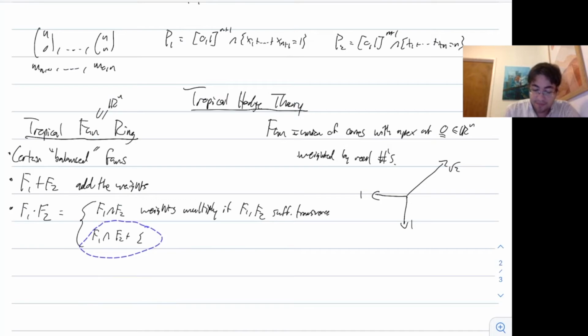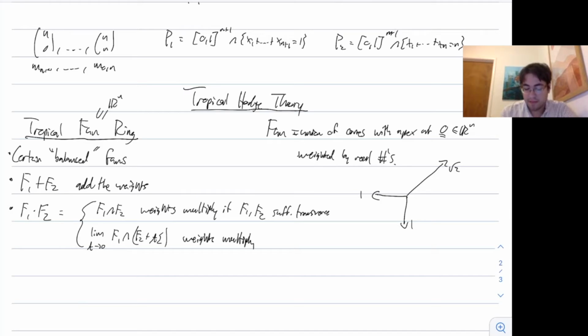So we have to rescale it so it becomes a fan. I take the limit as t goes to 0 of this, and the weights multiply.